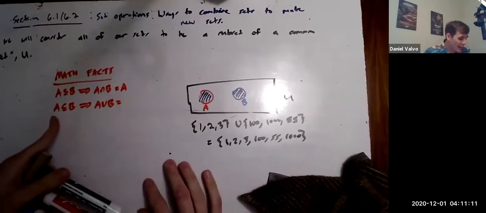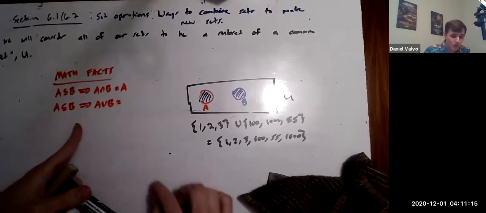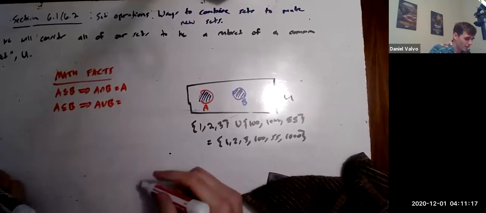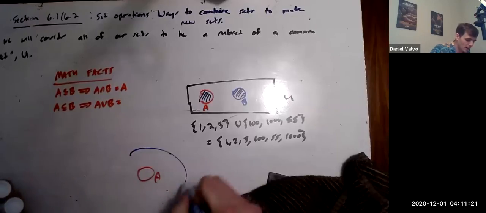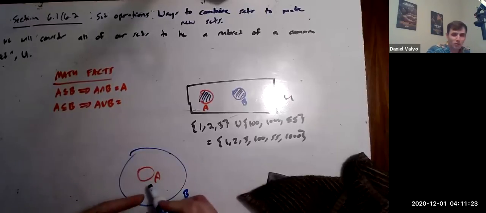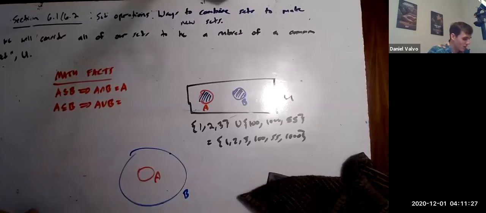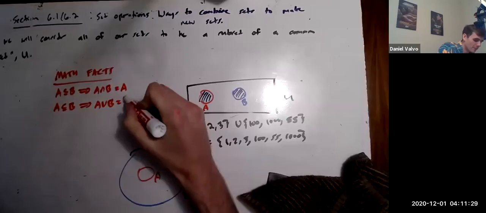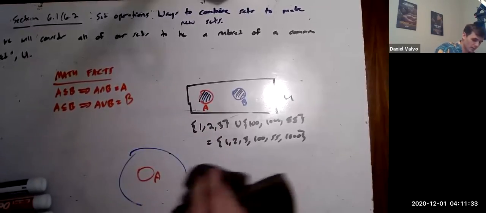So in our case though, if A is a subset of B, A union B, we kind of drew that picture before. We'd have A here, and then we'd have B here. Well, the union of both of them, you're not going to get anything more than B, because B already contains everything. So A union B is just B, because everything in A is already in B, so you're not really gaining anything.